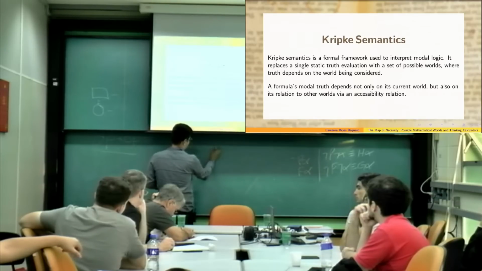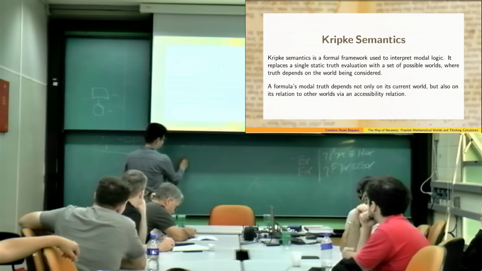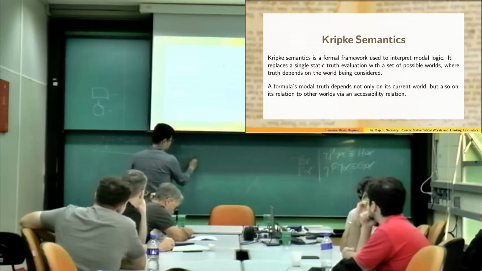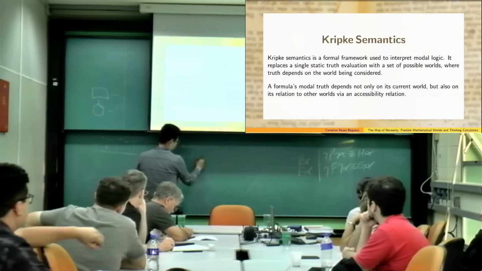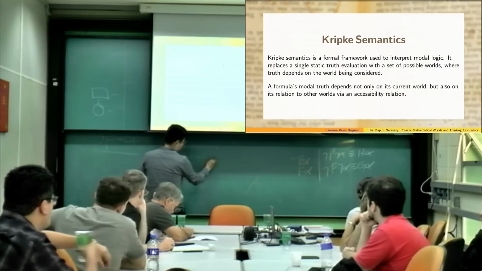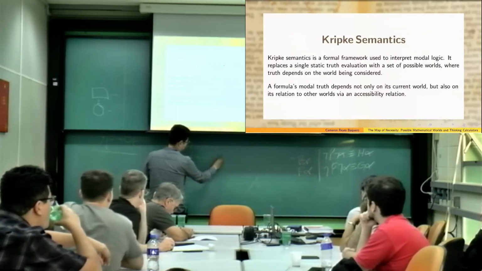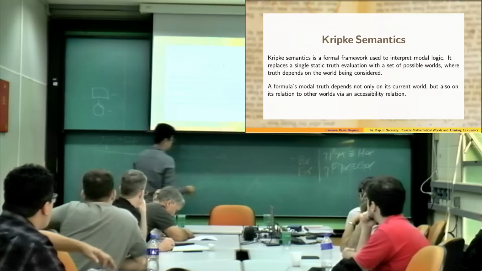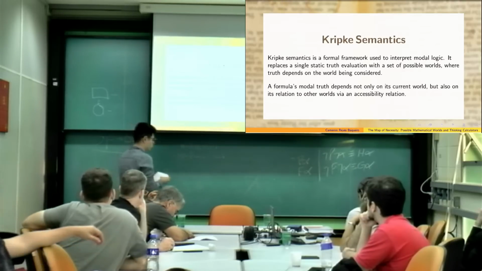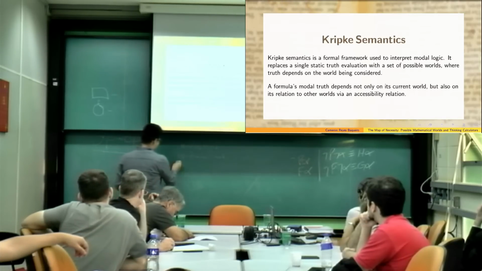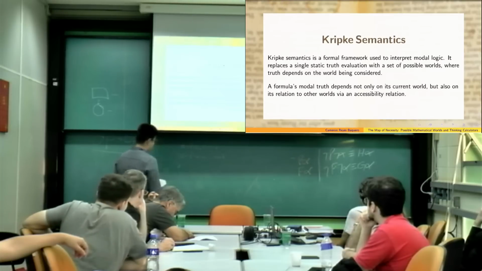We say that, for a set of worlds W, which has W1, W2, to Wn, where n is any natural number, a set of worlds with their own rules, we have a function V.